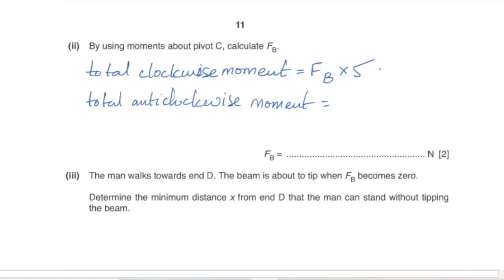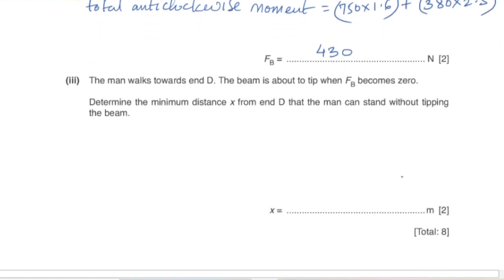So total anticlockwise moment is equal to 750 into 1.6 plus 380 into 2.5. Now when total clockwise moment is equal to total anticlockwise moment, you'll have a value of force at point B as 430 newtons.